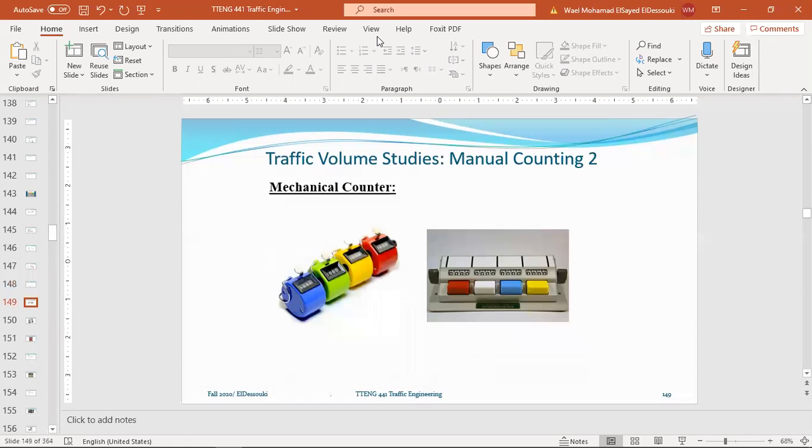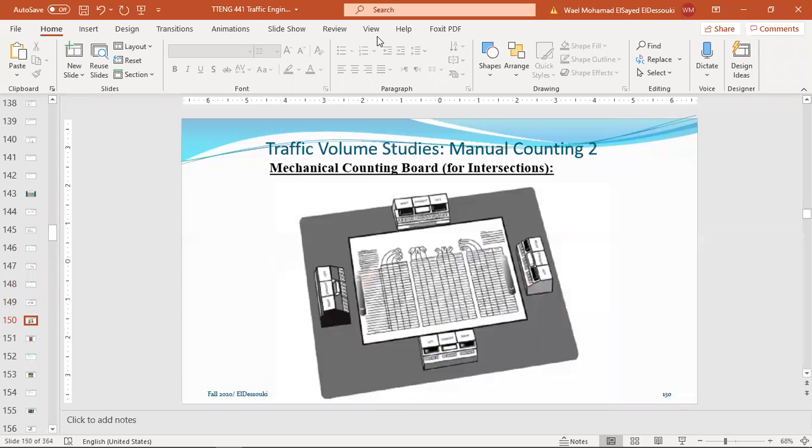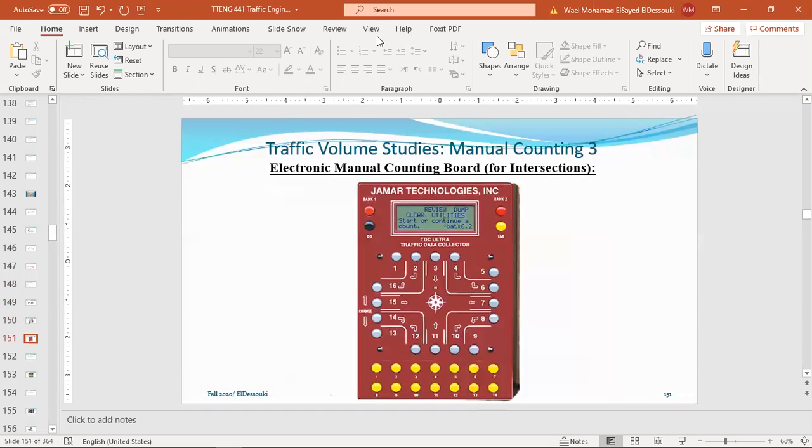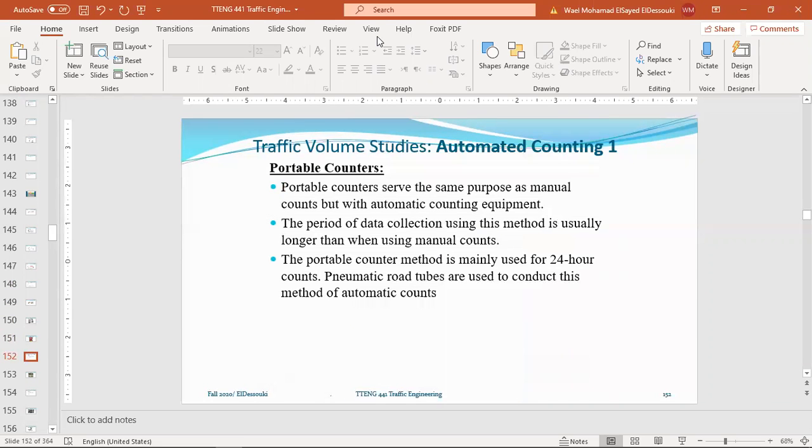Or we have mechanical counters like this. It can be a mechanical counting board like this one. This we usually use for intersections. We have a manual counting board, but electronic, digital, like this one.